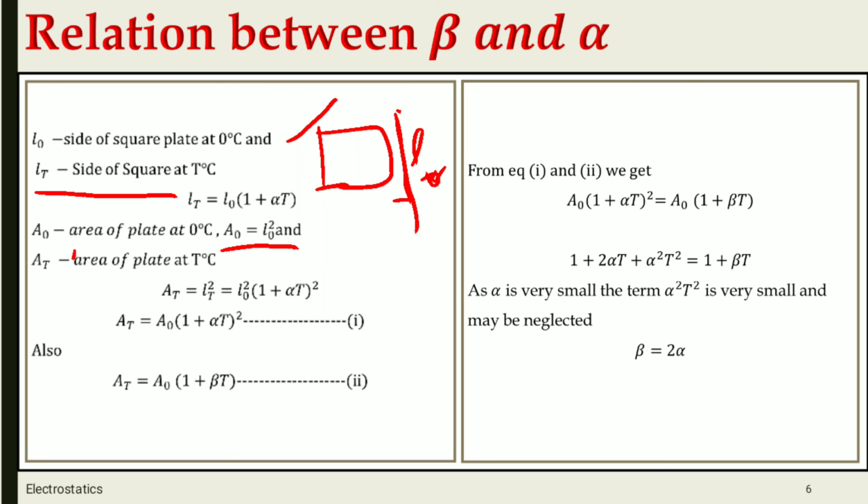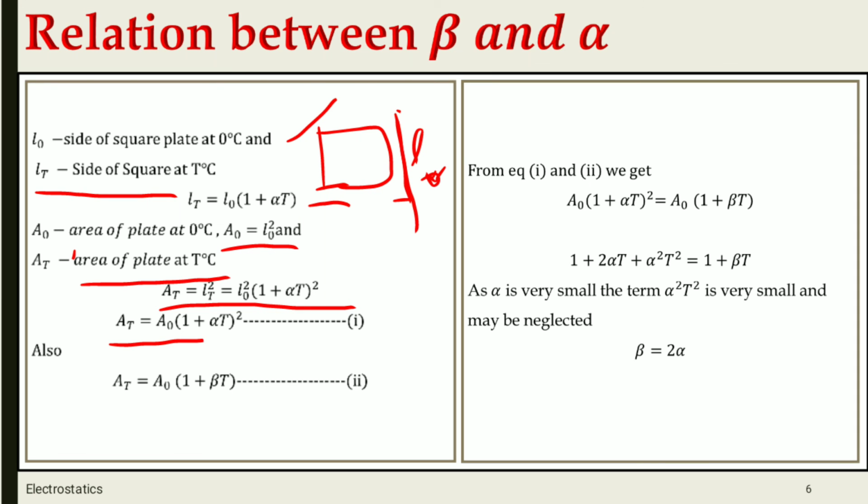And AT is the area of the plate when there is an increment in the temperature, that is T degree Celsius. So you can write this equation as AT is equal to LT square is equal to L0 square in bracket 1 plus alpha T square.